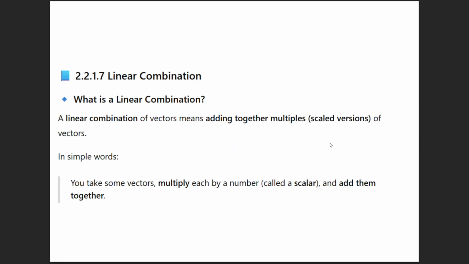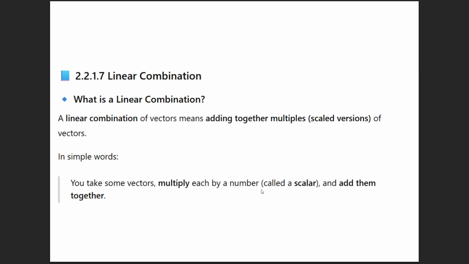Okay, next we are discussing linear combination. A linear combination of vectors means adding together multiples of vectors. That is, multiple vectors being added together is called a linear combination. You take some vectors, multiply each by a number, and then add them together.